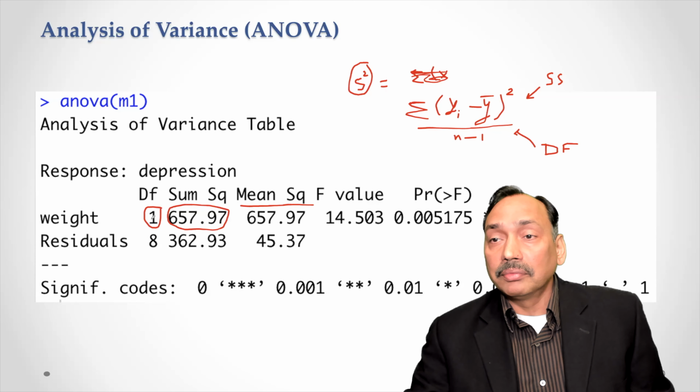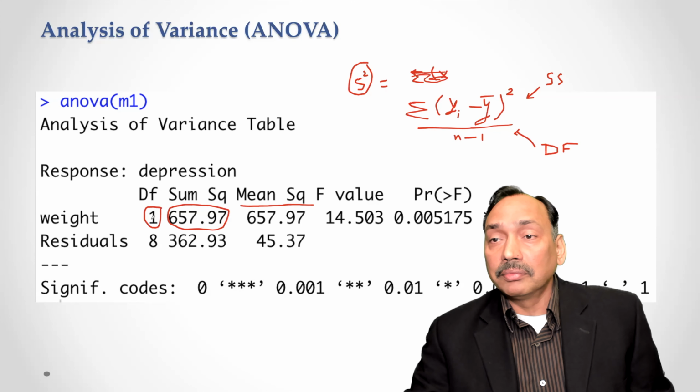It only happens with simple linear regression that the sum of squares for the regression and the mean square are the same value, because it is divided by 1. When you divide the sum of squares for error by its degrees of freedom, you get mean square error.